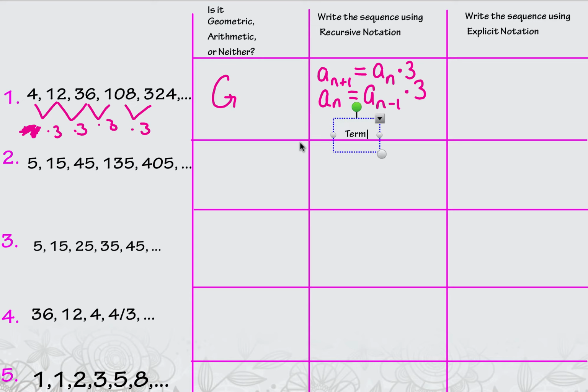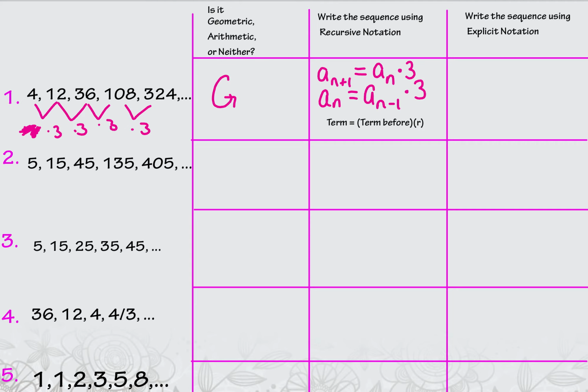Term equals term before, and then you times it by the common ratio. And I don't care which terminology you want to use, a sub 1 or a sub n, and then n plus 1, or a sub n and a sub n minus 1, whichever one.